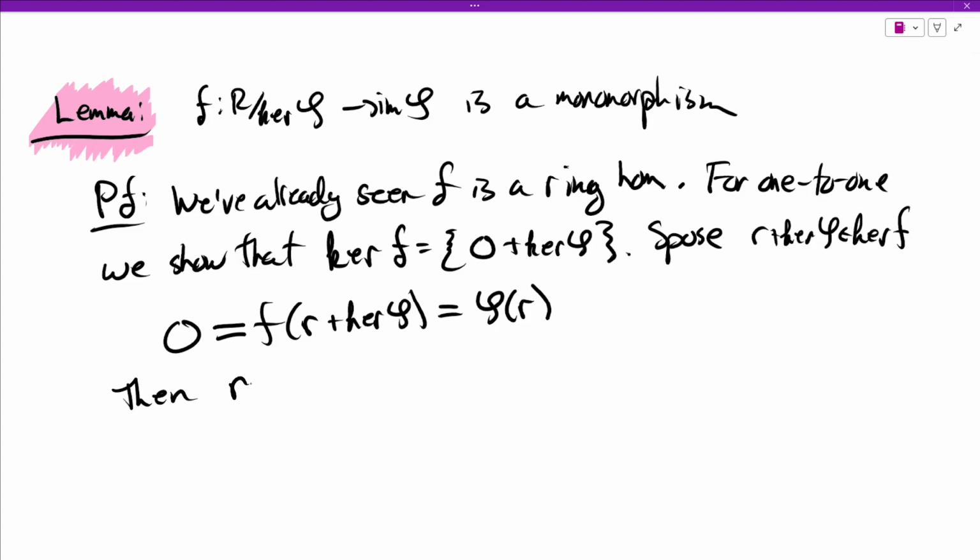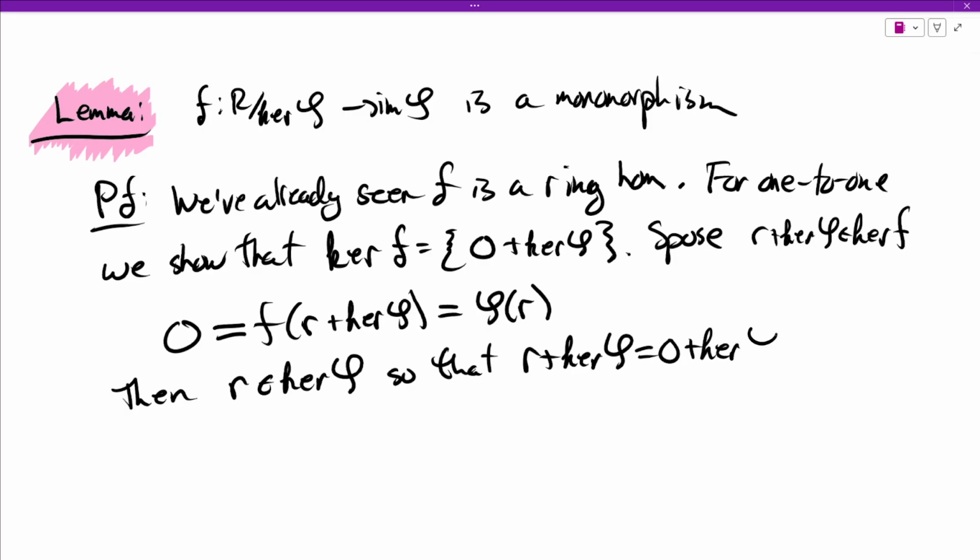And this is saying that R is in the kernel of phi. But if you're in the kernel of phi, the coset that represents you is 0. Okay, so the only guys that f sends to 0 are the coset that represents the additive identity.